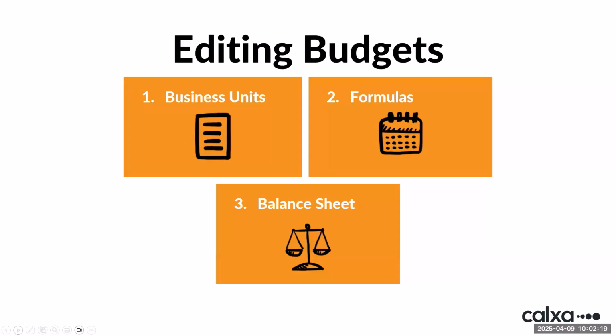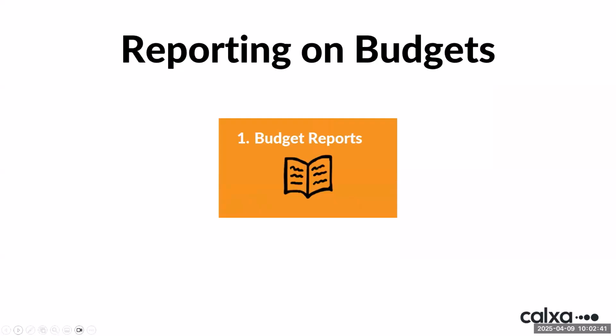And we'll also have a look at one of the things you can't do in your accounting system, which of course is to pop in a balance sheet budget and make sure there that you can get your full balance sheet as a forecast, but also you can use that then within your cash flow forecasting. Please join us tomorrow for cash flow forecasting to see how that will work for you. And then we'll have a look at how we can report on those budgets.